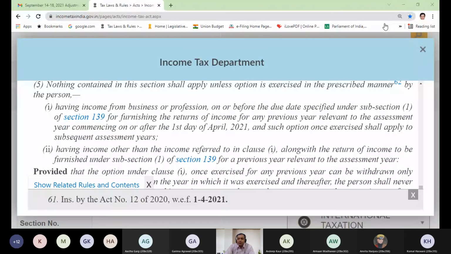Let me show you separately, because on screen that exception is not coming clearly. Wait a second, let me show you that file.